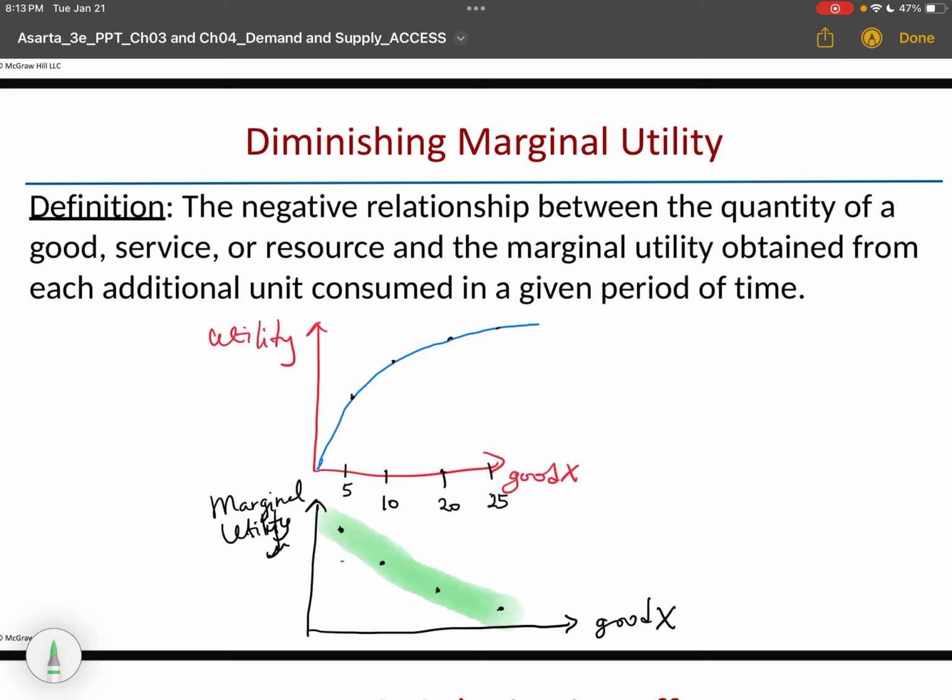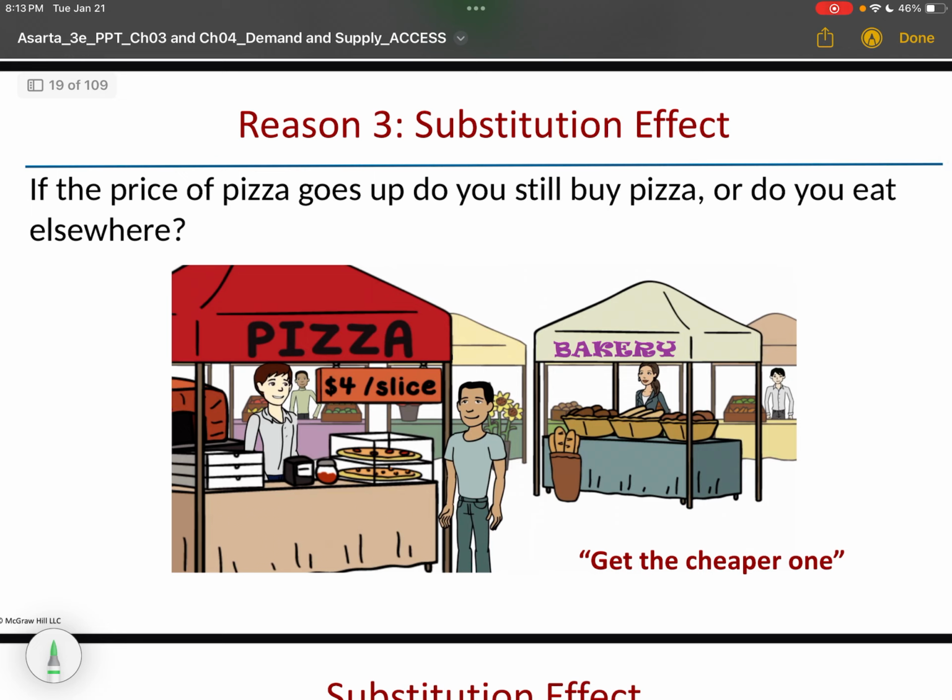Okay. Let's jump on to the third reason why the demand curve is downward sloping. Substitution effects. If you've ever been grocery shopping with your mom or anybody's mom or your guardian or anybody in your family, you're going to find that you look for a good, you find that there is the cheaper version and there's the more expensive version.